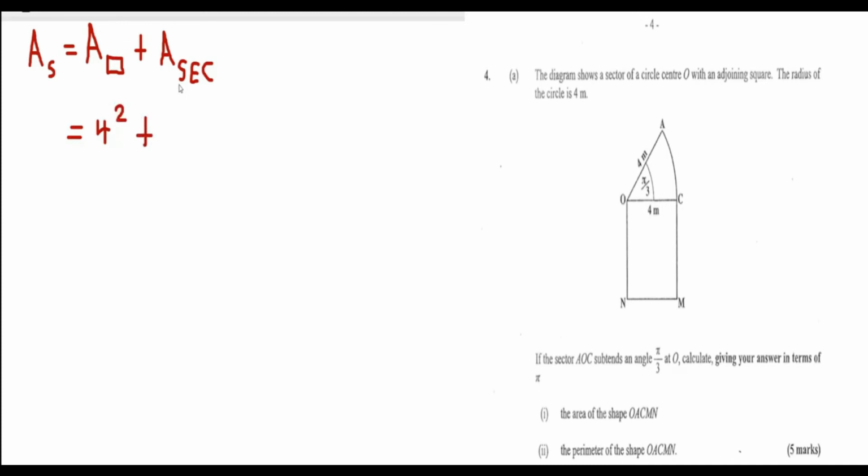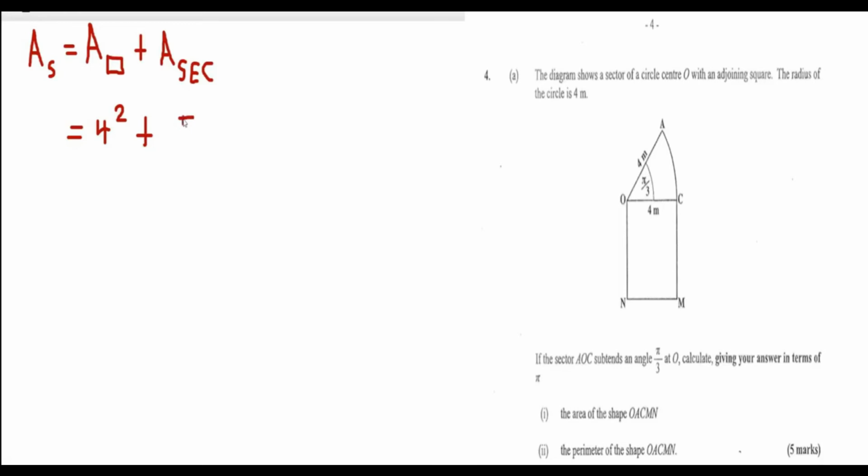Now there are 2 ways to find area of sector. In CSEC mathematics, you'd have learned theta over 360 times pi r squared. So if you like that formula, you can stick to it. It's theta over 360 times pi r squared. And the theta that they give us is pi by 3.